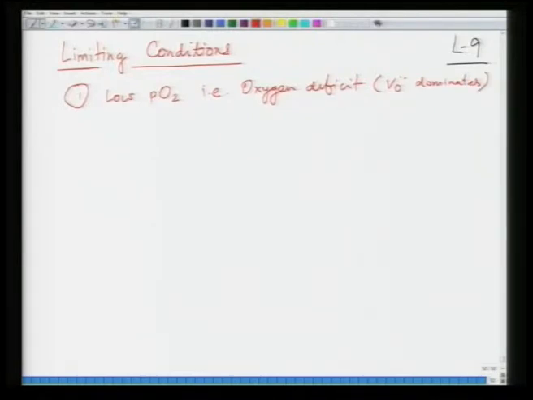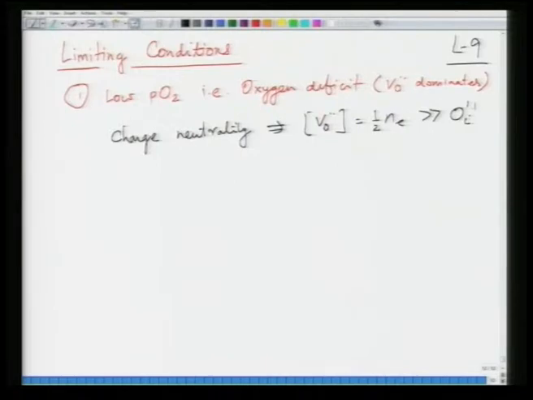So, in such a situation, if you look at the defect reaction, OO going out to give rise to VO and 2 electrons, the charge neutrality means VO is equal to half Ne, and these two are much bigger than OI. Okay. So, this is the situation.